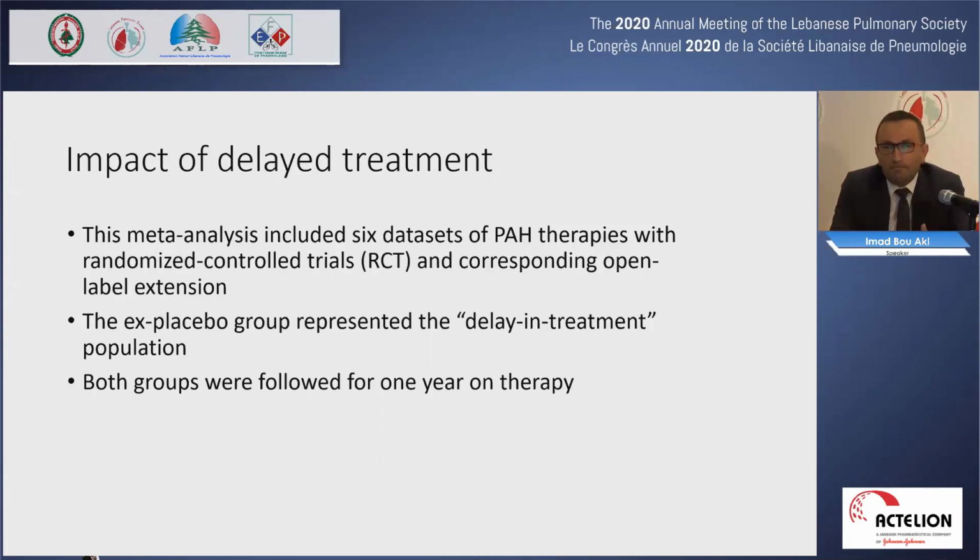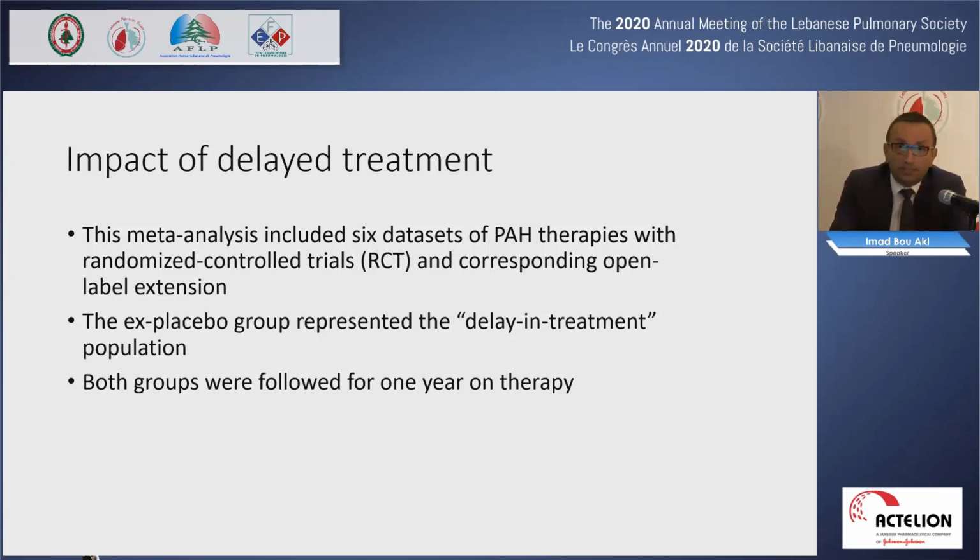Now, how about the impact of delayed therapy? We don't have a comparison between starting double and then increasing, but I found this meta-analysis with interesting results. It included 6 data sets of PAH therapies with randomized controlled trials. What they did is they followed the open label extension where patients were randomized into control versus treatment.